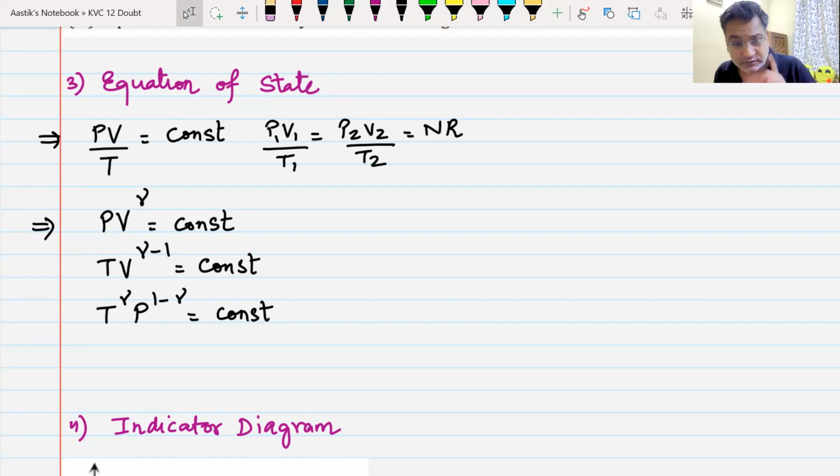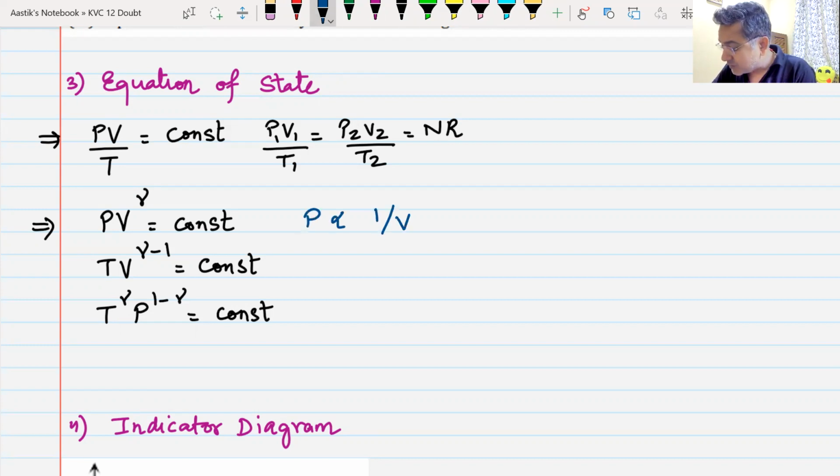Now, this is the way you must remember this equation. There is another way that you can remember this equation. And again, I don't want you to get confused with a lot of variation, but the more ways you can remember, in some questions you can get the answer quickly. PV raised to the power gamma is constant, so you can remember this also in this way.